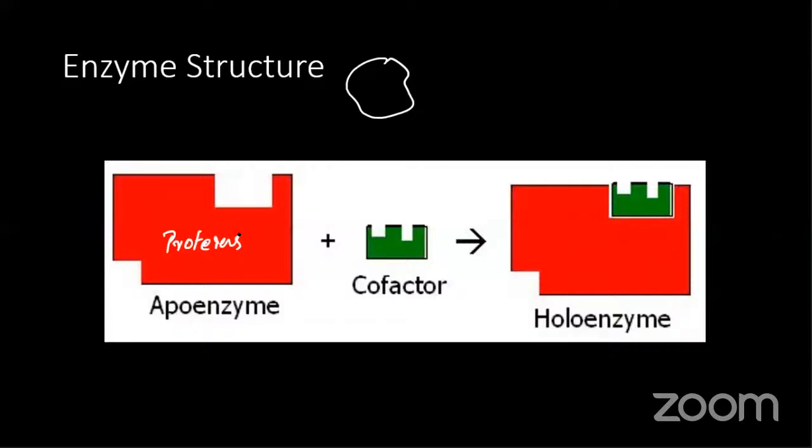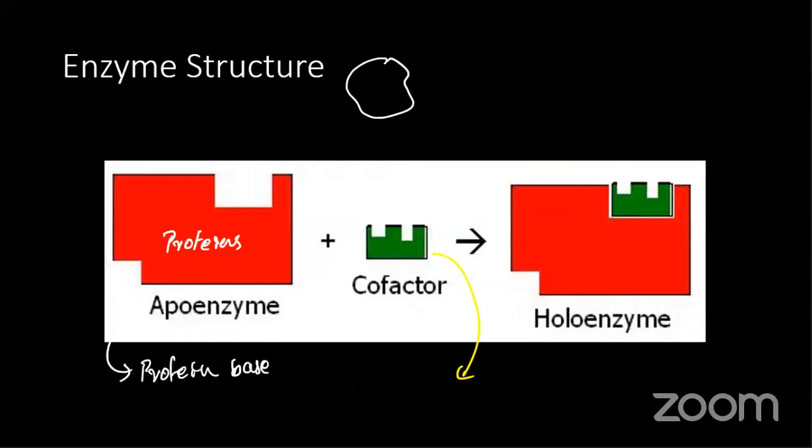So those proteins, without that portion, we call the apoenzyme. In simple words, this is the organic or protein base of the enzyme, and it should be attached with something. That something is the cofactor.